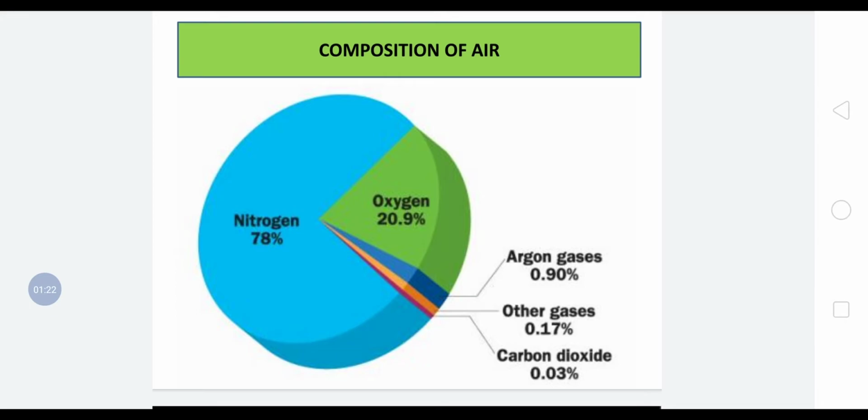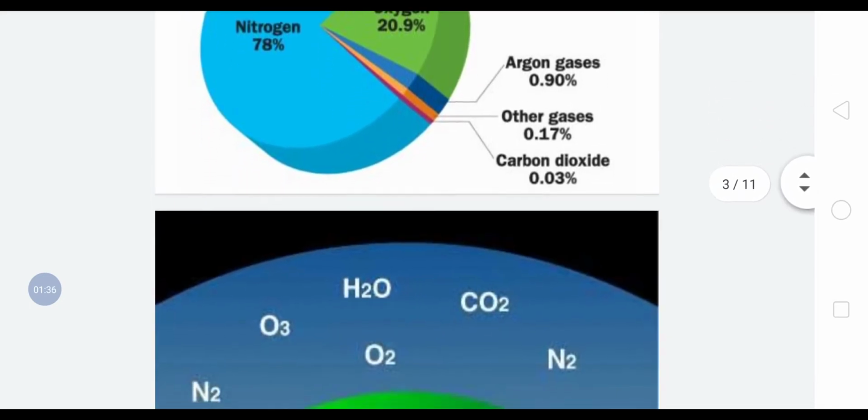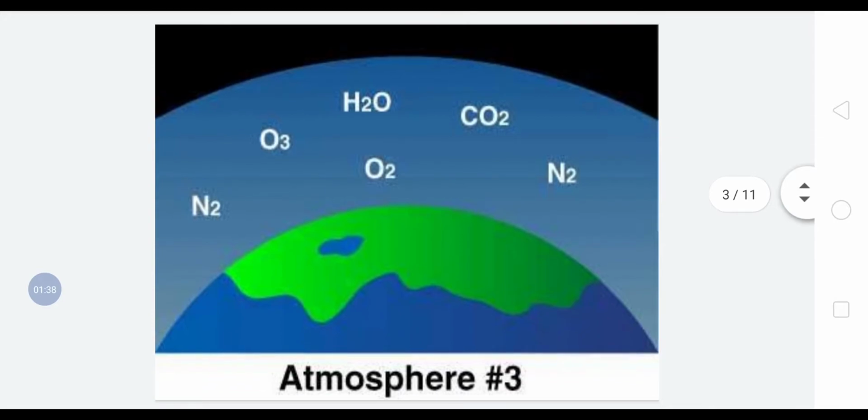Now we will study all three major gases, nitrogen, oxygen, and carbon dioxide, individually, and see the importance of each of them. In the atmosphere mainly these three gases are there.